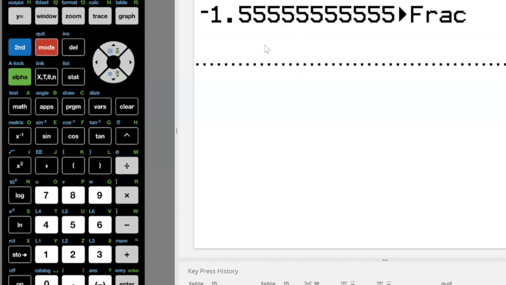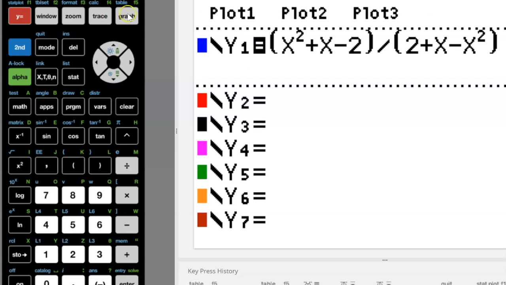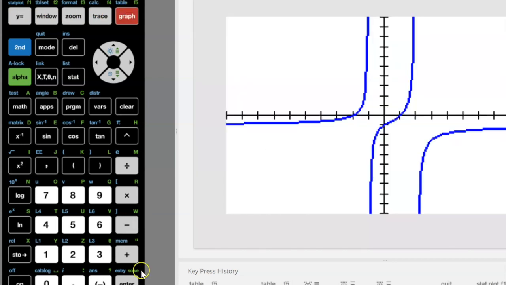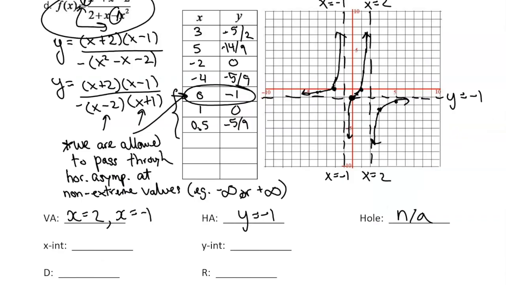And if you want to write that as an exact value, you could say second math, enter, and it'll tell you, hey, that equals -14/9. So you can give that a try if you want. But the bottom line is we have this graph that does match up with everything that we were talking about here. So let's answer the remaining characteristics of it.